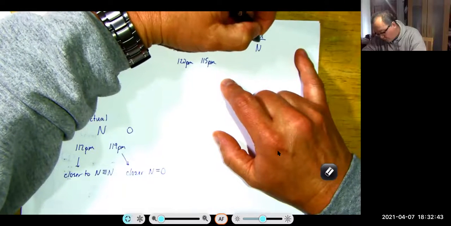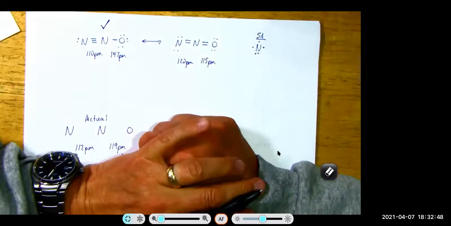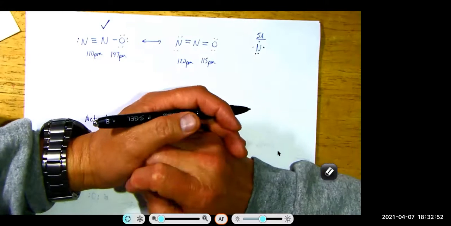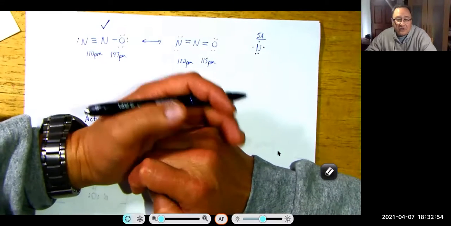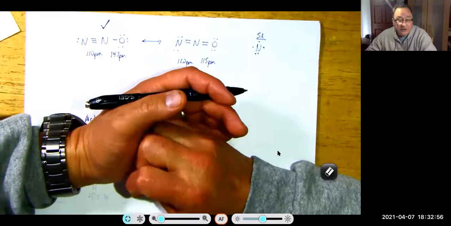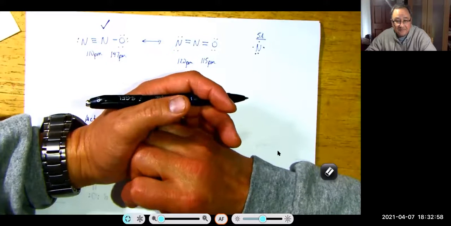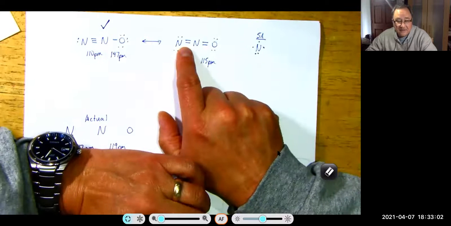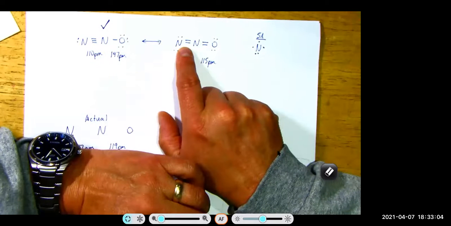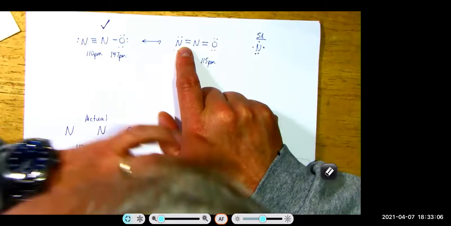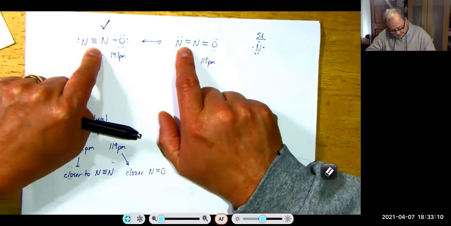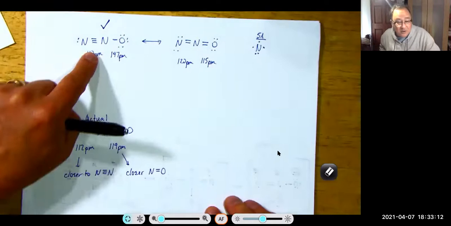So why do we say normally makes 3? It's the most common. Why is that the most common? The answer is because it's the most stable. How many bonds does this nitrogen make? 2. So it seems like the real bond length is going to be closer to the more common bond length.